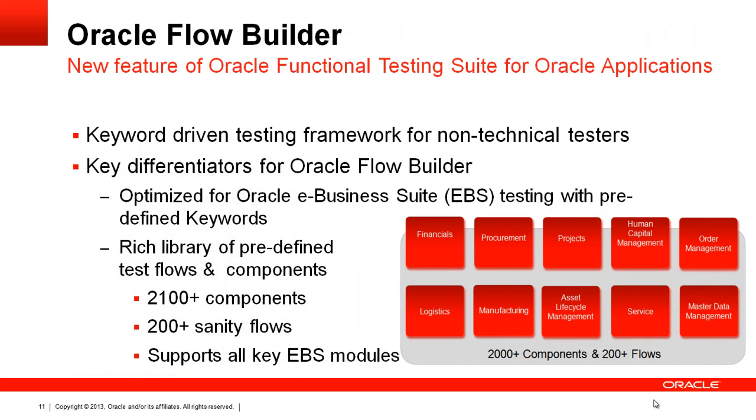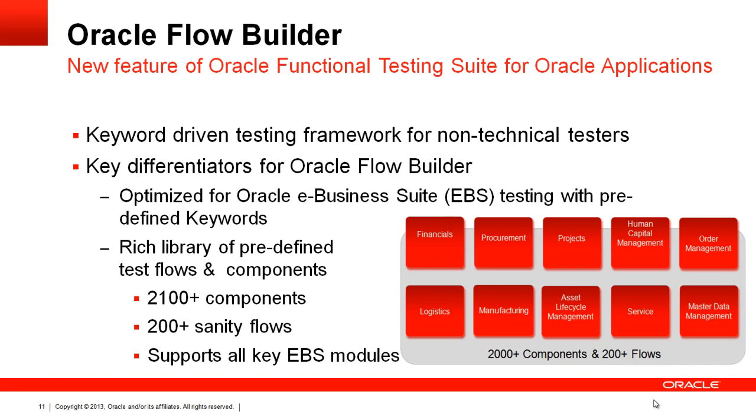The big difference with Flow Builder compared to other solutions is that the keywords needed to test Oracle eBusiness Suite are already in place. So they have already been defined for the user. We also provide a very rich library of predefined components and test automation flows. A component could be something like log in, create purchase order header, create purchase order line.